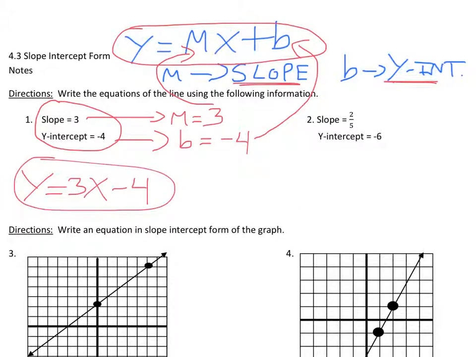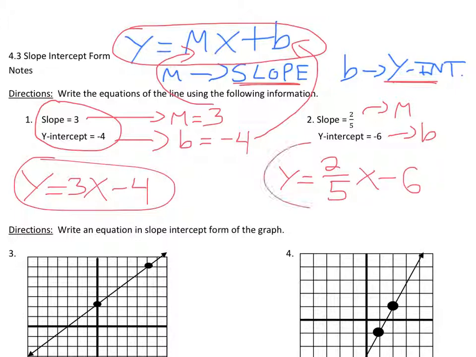Very simple. If I look at number 2, the slope's 2/5, so m is going to be 2/5. If the y-intercept's -6, then b is going to equal -6. So when I plug those back into slope-intercept form, our linear equation is y equals 2/5 x minus 6. And that's it right there.